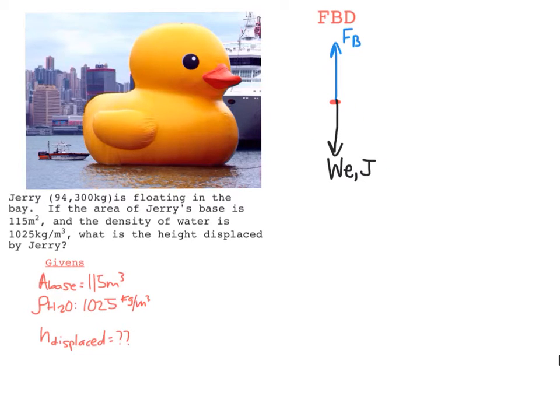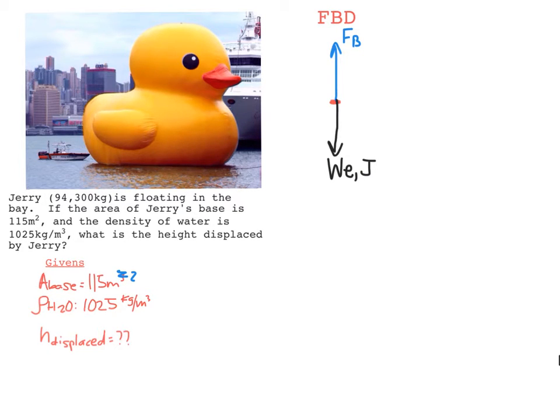For our givens, we have the area of the base, which we can assume is like a big circular base. That's not our volume, that's just the area, so this should be squared. There we go. And then we have the density of the water, and we are looking for the height displaced.